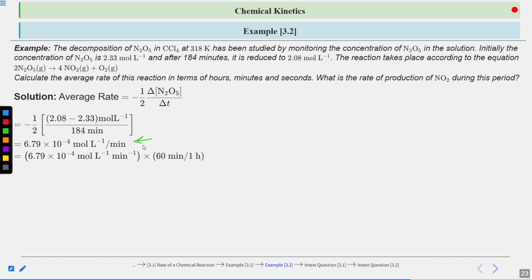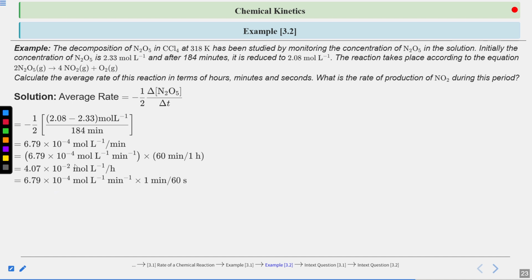You have to convert it into hours and seconds also. So 6.79 times 10 to the power minus 4 mole liter inverse minute inverse. When you convert it into hours, multiply by 60 minutes per hour, it will be 4.07 multiplied by 10 to the power minus 2 mole per liter per hour. So this is in terms of hour. Now in terms of seconds, you also have to calculate.